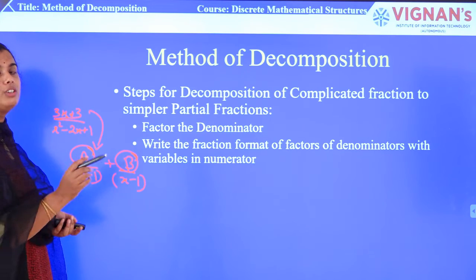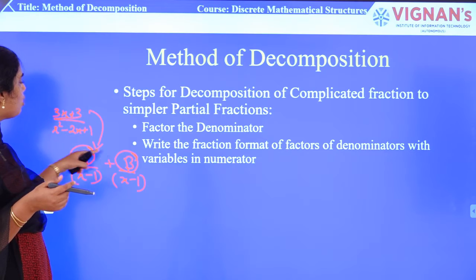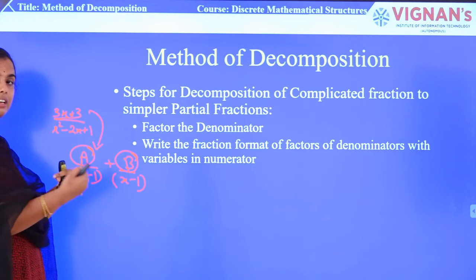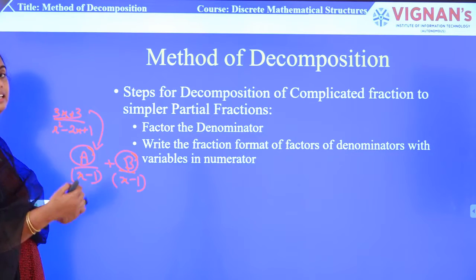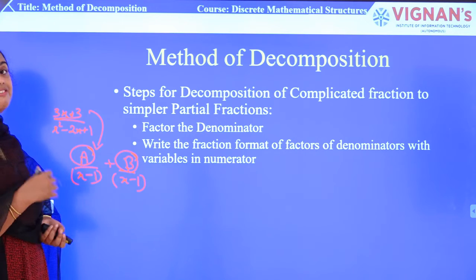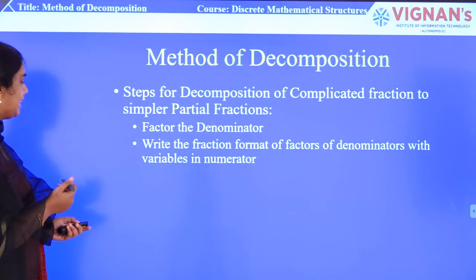The final product of these partial fractions is that we need to obtain the values of a and b. After obtaining the values of a and b only, can you reduce it to this format. So, you need to write some variables in the numerator and the factors in the denominator. This is the second step.